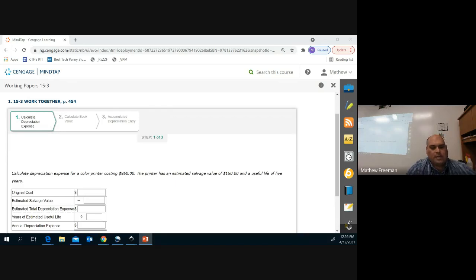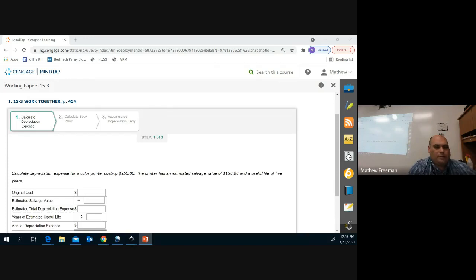We know that the cost is $950. The salvage value, referring to the trash value, is the value when it's no longer usable in any way. The minimum amount that we hope to receive when we get rid of it is $150, and then the useful life, which we figured we'll use for 5 years.